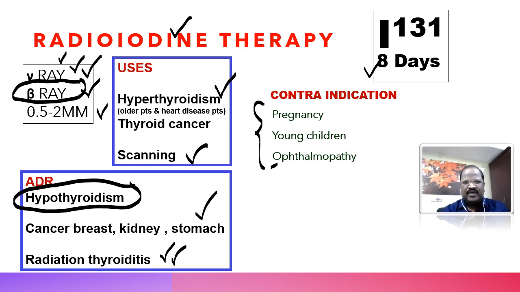And then we know iodine 131 is useful for treatment of thyroid cancer. Here, it is useful for follicular cancer. Iodine 131 is taken up by the thyroid follicle, so it is used only for follicular cancer. Iodine 131 is not taken up by the parafollicular cells. The cancer arising from parafollicular cells is medullary cancer of thyroid.